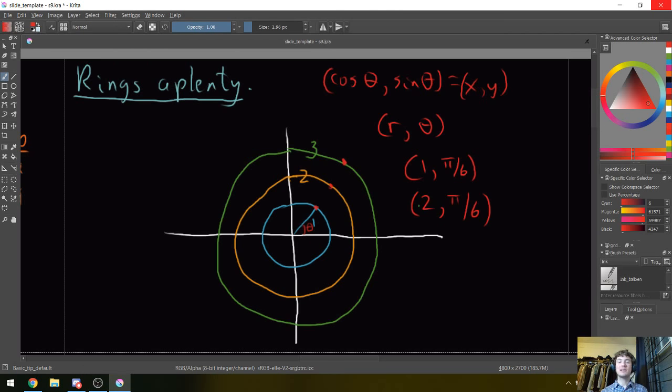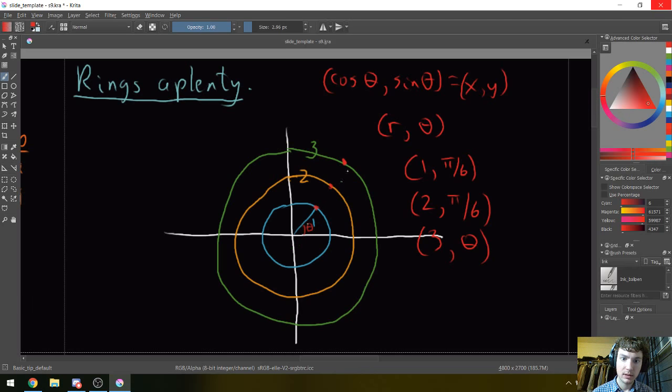Okay. The math question we're trying to answer is, how can I label points in the plane? And I'm starting by just thinking about 3 circles, right? Because if we just want to label any point on any of these 3 circles, I just give you a number 1, 2, or 3, and then an angle, right? So that labels any point on any of these 3 circles.